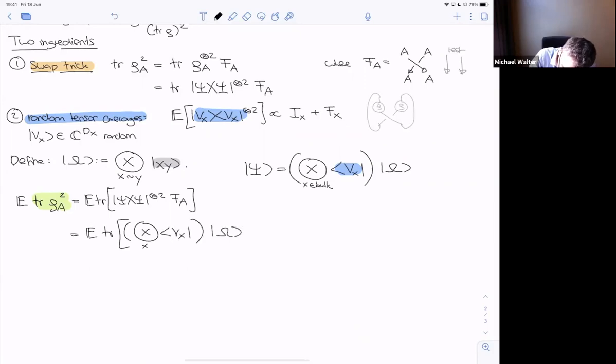Now we have, sorry, 2 copies of each. 2 copies here, 2 copies there, 2 copies here, 2 copies of the last one. So these are the 2 copies of my quantum state, and I still have the swap operator flowing around here.